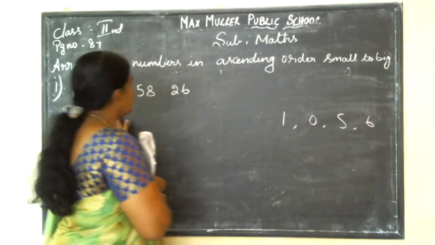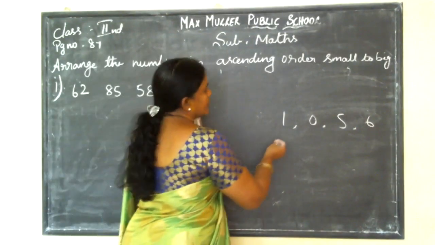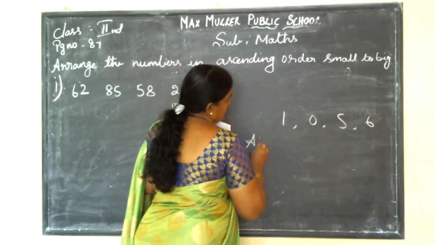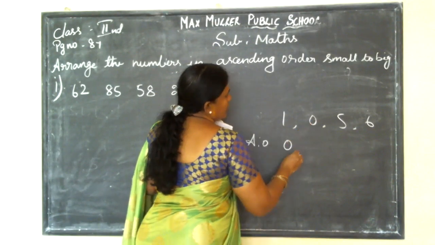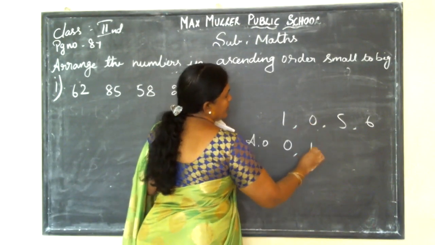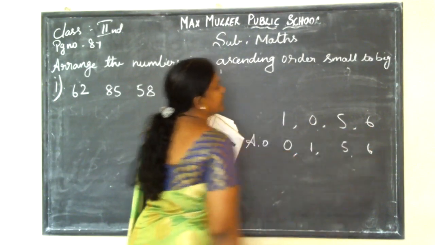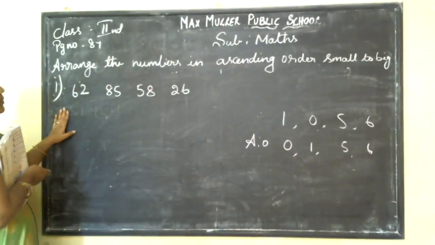For second standard you will use two digit numbers. See, which one is the small number here? 0. After 0, which one is small? 1. Here 5 or 6? 5, 6. Like that you do two digit numbers also.